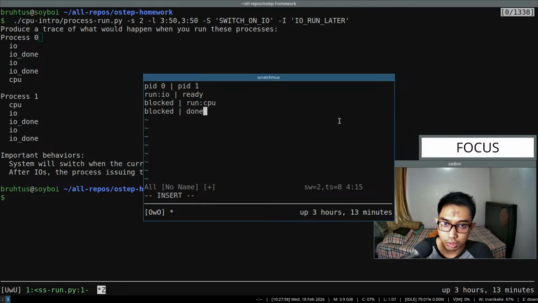I think this should be done. Let's find out next run and then run IO. Okay. This one is blocked again.